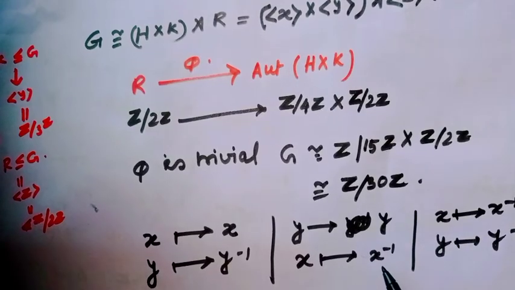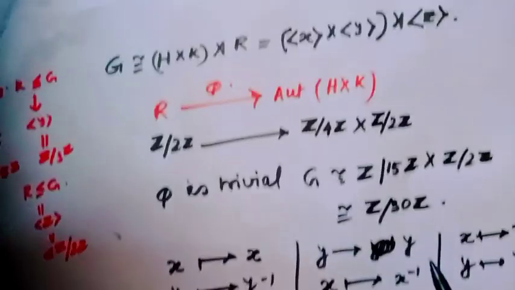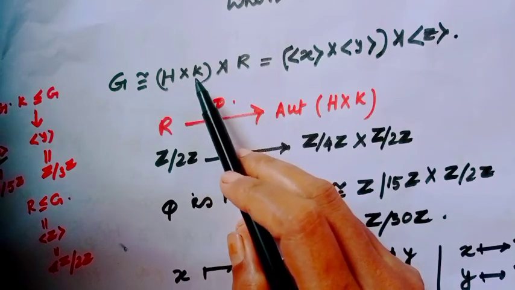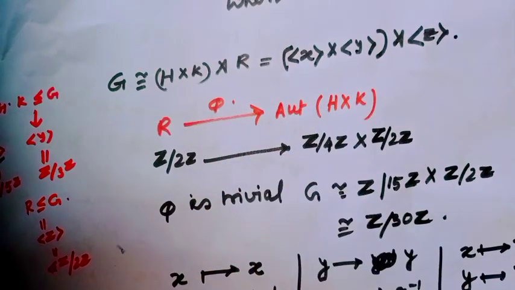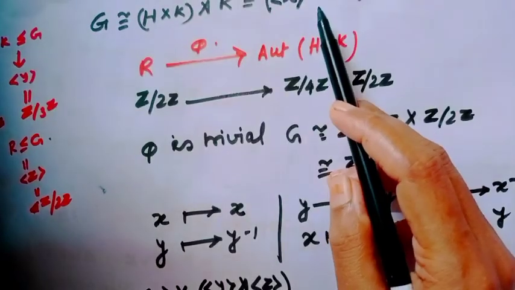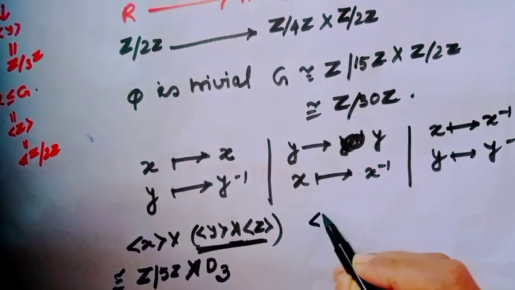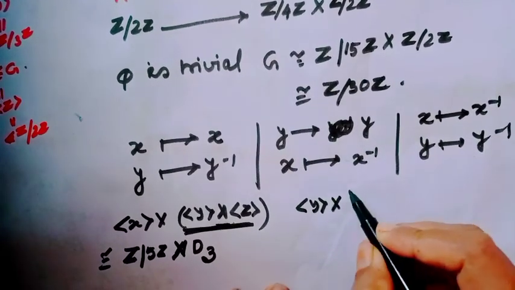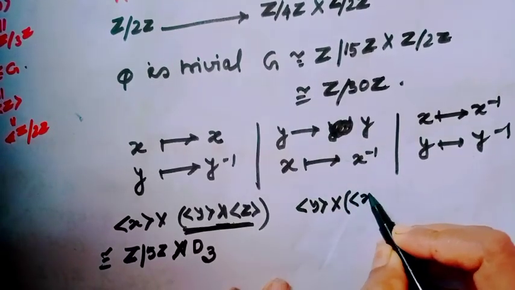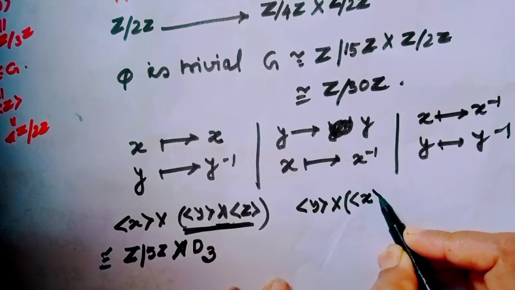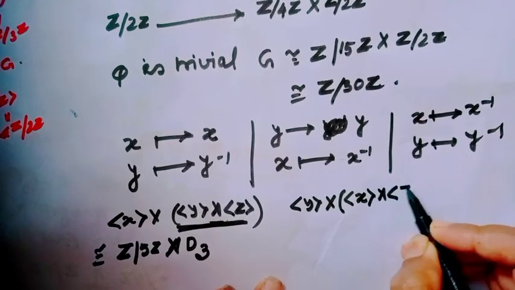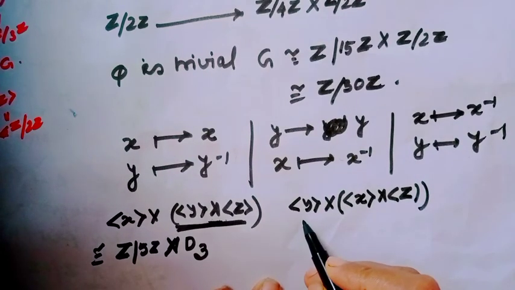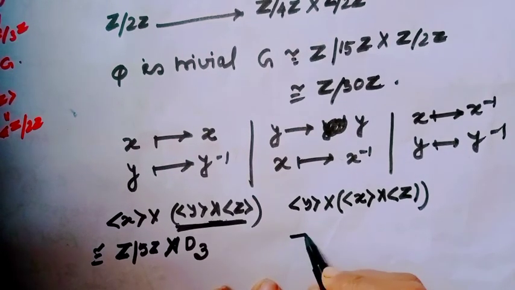And if we consider the second case, here H direct product K is similar to K direct product H. That means we can write it as the cyclic subgroup generated by Y direct product the cyclic subgroup generated by X semi-direct product the cyclic subgroup generated by Z. And the cyclic subgroup generated by Y means Z mod 3Z.